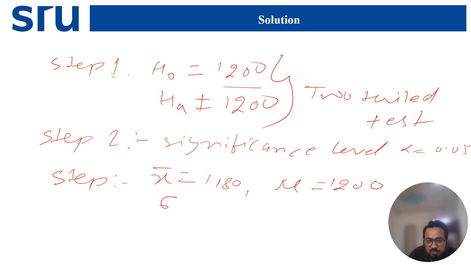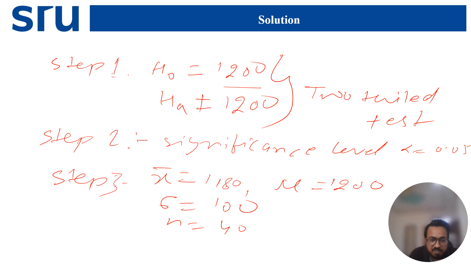In this question the standard deviation sigma is equal to 100, right? And what is the value of n here? 40. This is step 3, finding the Z statistics value, right?